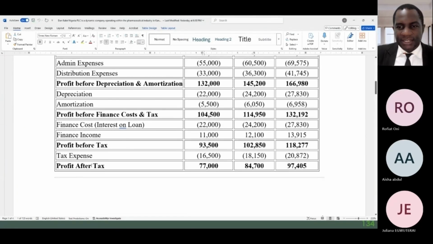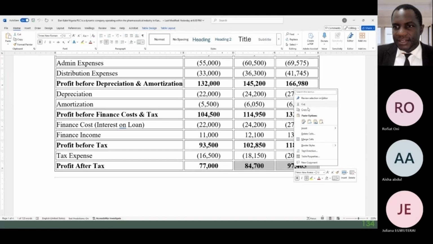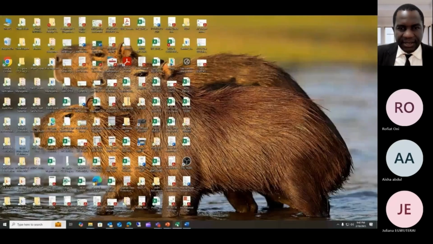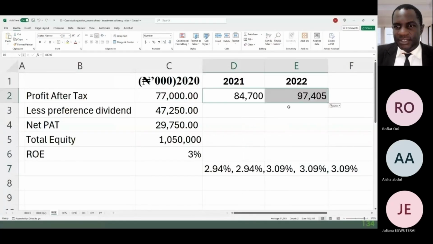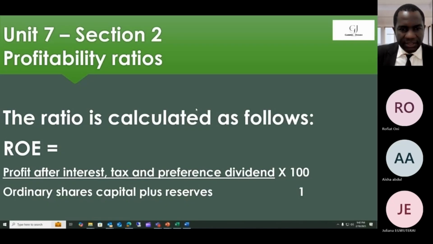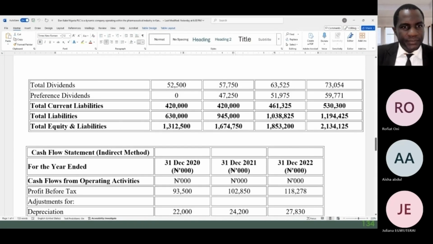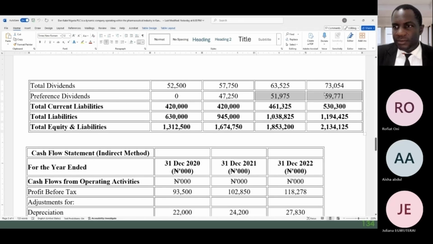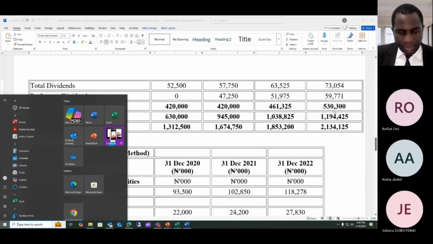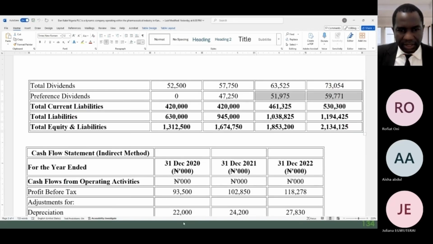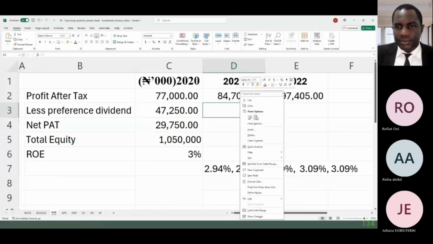So our profit after tax, we have 84 and 97. So I picked that. Profit after tax, 84 and 97. Okay, so that's correct. Then let me go for preference dividend, which is under 51 and 591. So I take that and paste here.